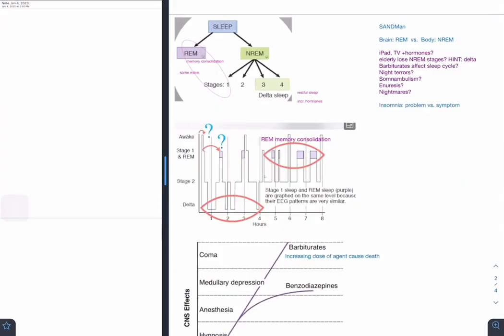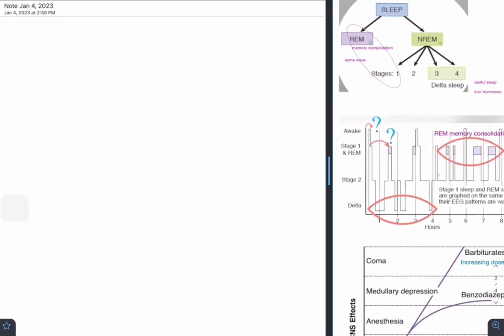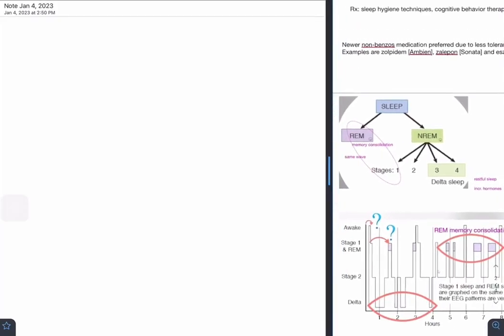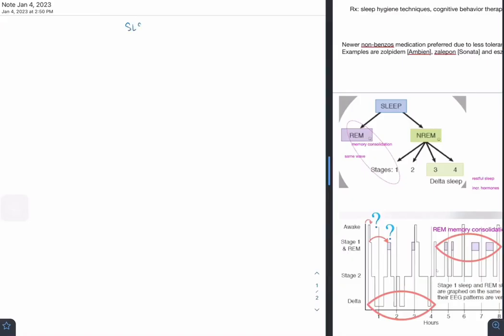So just follow me. When we are sleeping, we are usually cycling through two different phases of sleep, either REM, R for rapid, or non-REM.